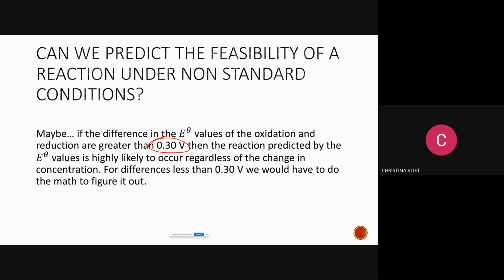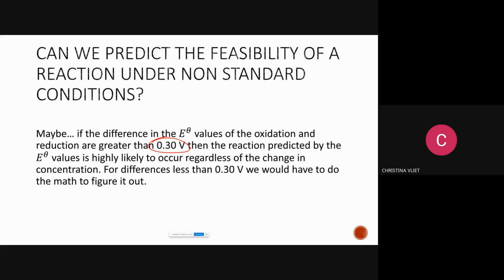So if your overall cell reaction is within 0.30 of 0, that means that it could flip with a change of concentration from spontaneous to non-spontaneous. So this is talking about when you have small differences in E values from your reduction and your oxidation. So not like if you were working with lithium and fluorine, but if you were working with things that had lower potential differences. So for differences less than 0.30 volts, we will have to use the math to figure out whether it flips to spontaneous or non-spontaneous, which we're going to see shortly.